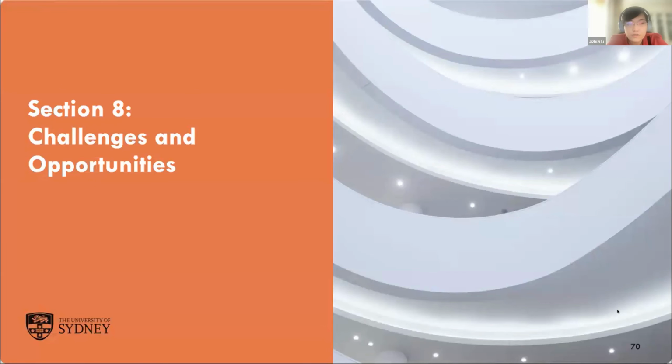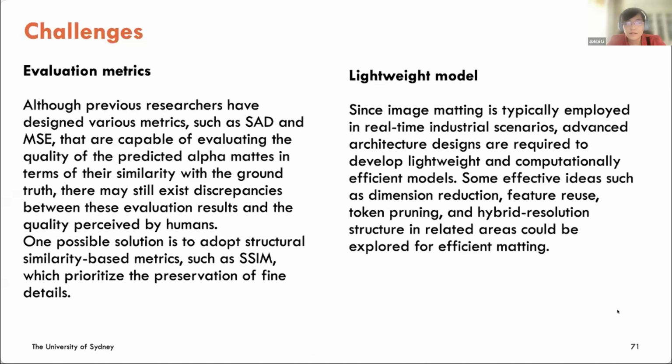So there are also a lot of challenges and opportunities, especially in image matting, like for the evaluation metrics. Previously, and also in our work, we use SAD or MSE that are capable of evaluating the quality of the predicted alpha matte in terms of the similarities with the ground truth. But there may still exist discrepancies between the evaluation results and the quality perceived by humans.